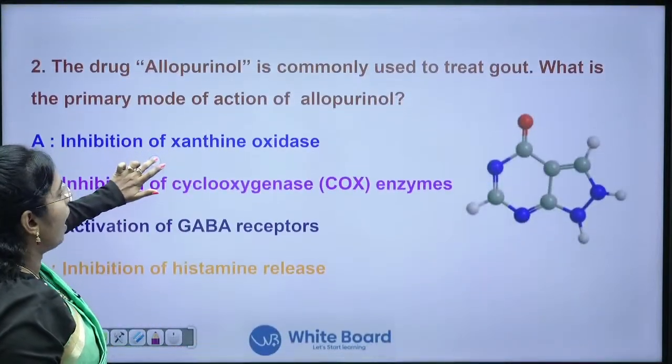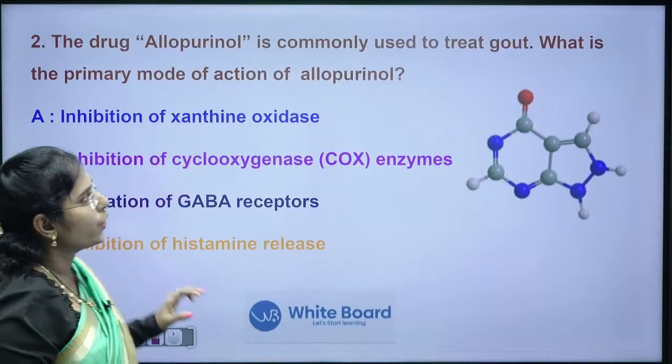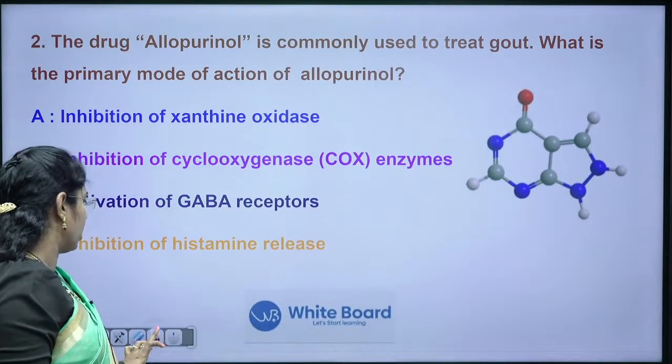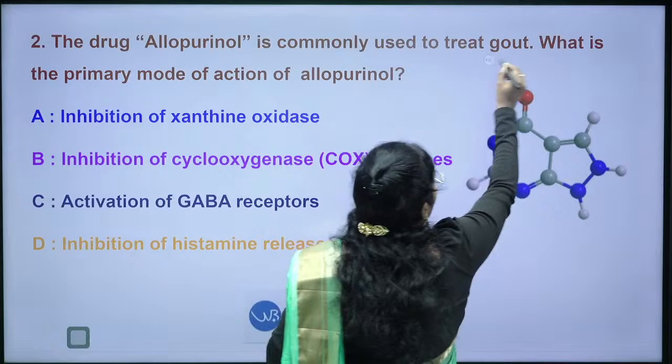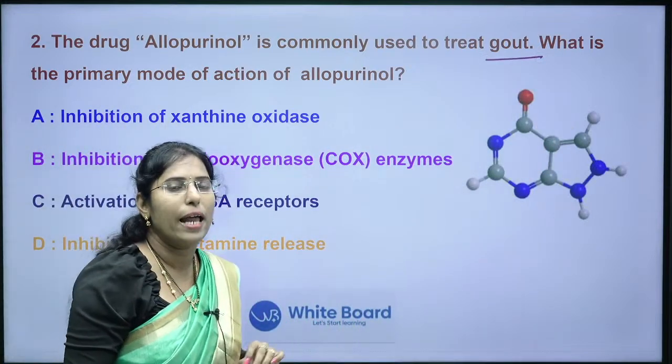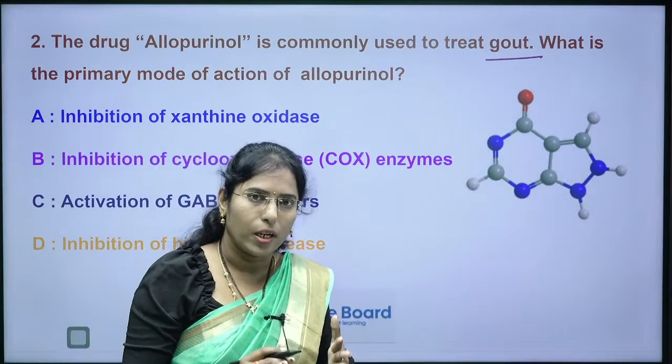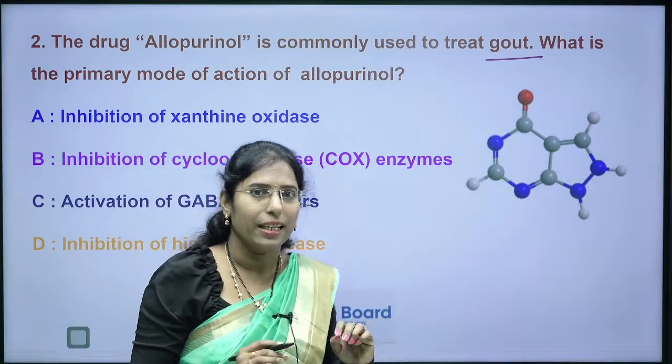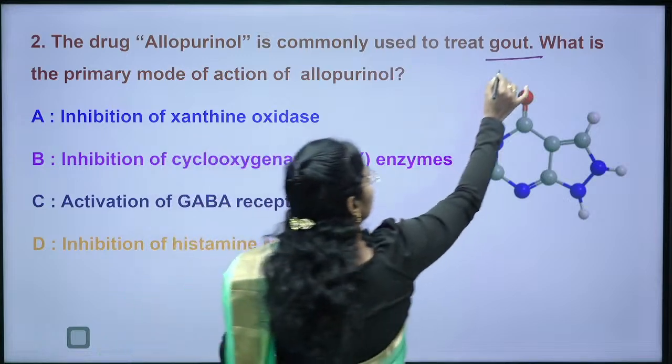The drug allopurinol is commonly used in the treatment of gout. What is the primary mode of action of allopurinol? First of all, what is gout?